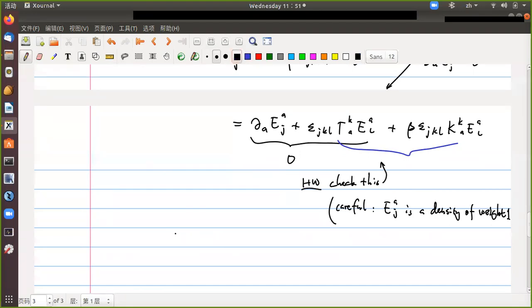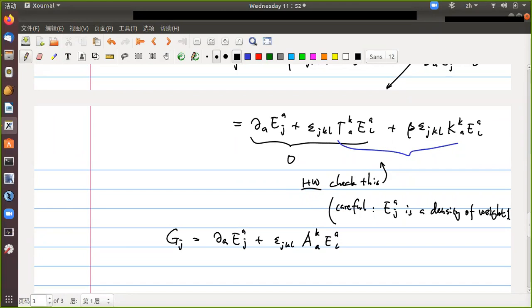So here you find that G_j equals partial_a E^a_j plus epsilon_jkl A^k_a E^a_l.